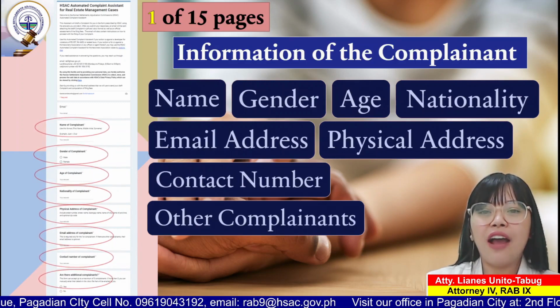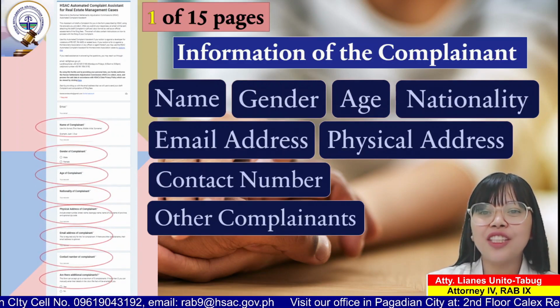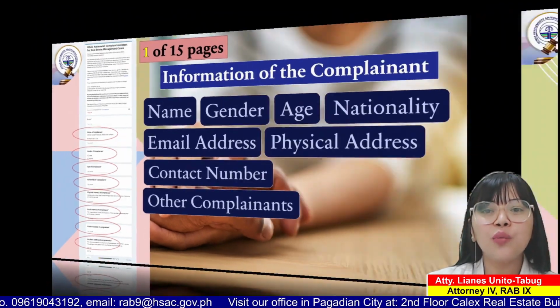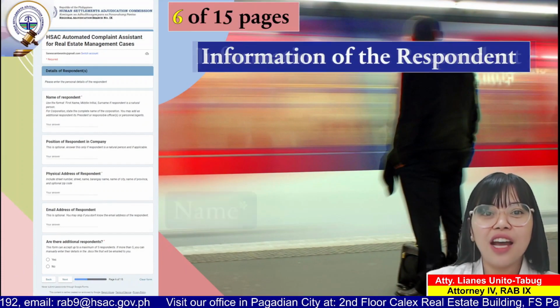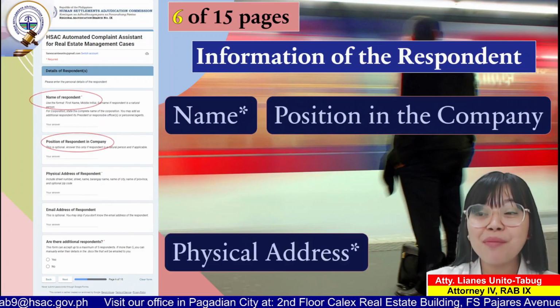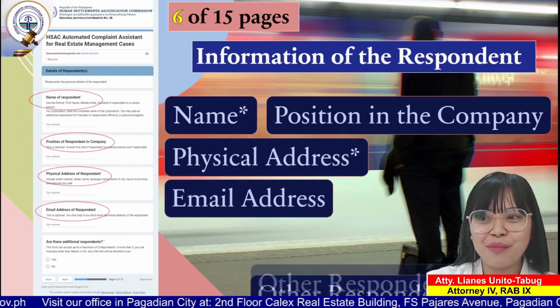Okay, so after you provide all the information, you will just have to click the submit button and you will be directed to the second page of the automated complaint assistant. So on this second page naman po is the information of the respondent, yung kalaban niyo po.